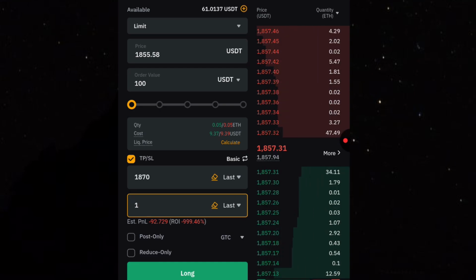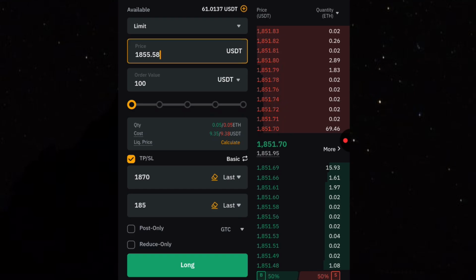Remember we are buying at 1850. The price has changed by itself because I put in 1850, remember, so I'm going to go back and change the price here to 1850, like we put initially.